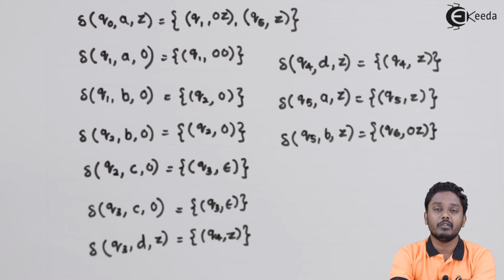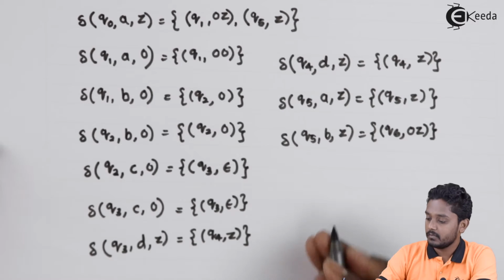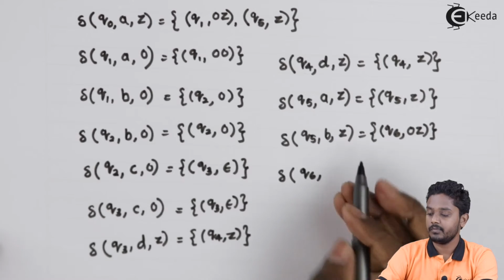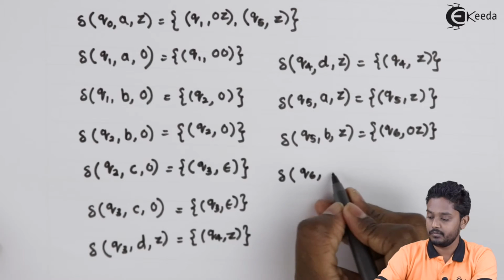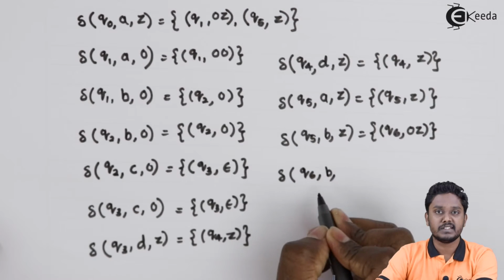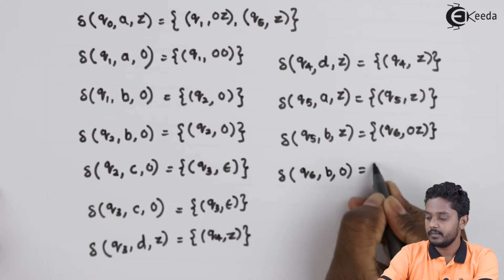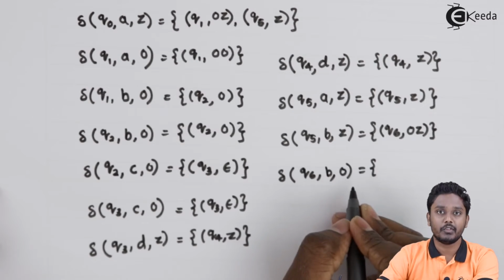On Q6, now we'll continuously keep on counting B's. How do we count? We will keep pushing zeros onto the stack. So delta of Q6 with B as the input and 0 as the top of the stack, push one more 0.